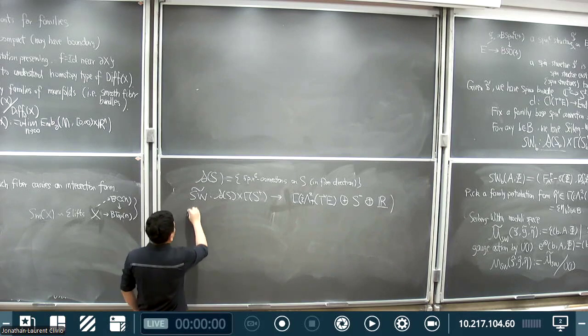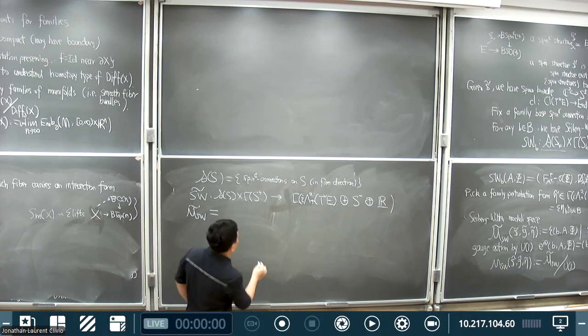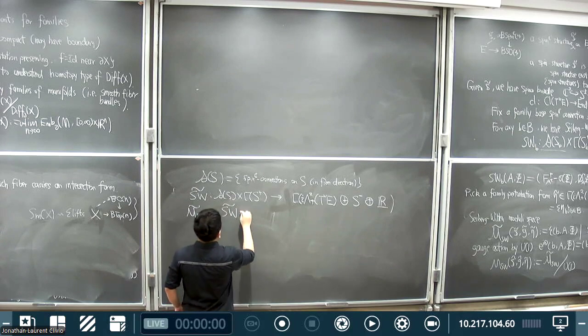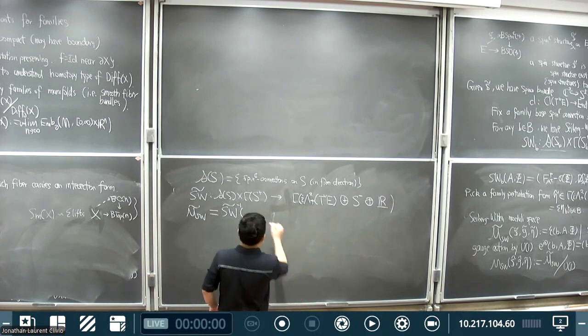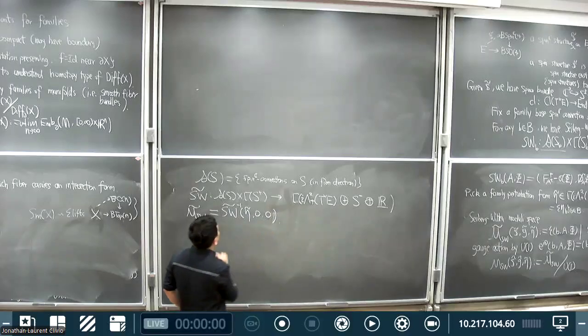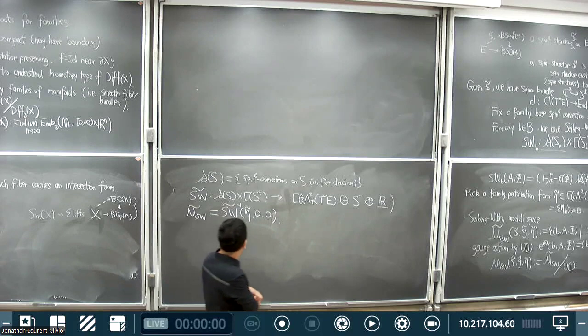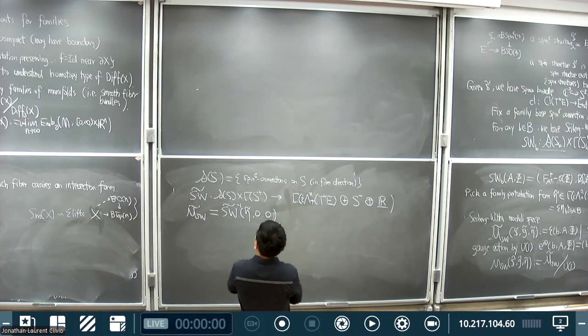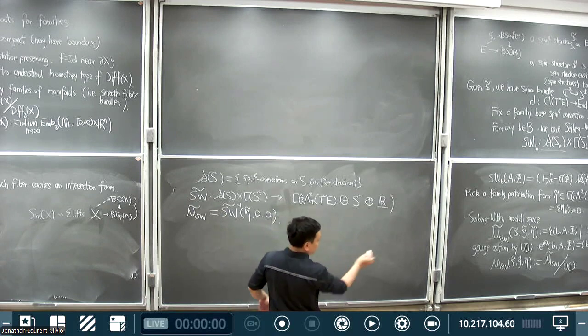Then the family moduli space is just the inverse image of beta, and it has a circle action.